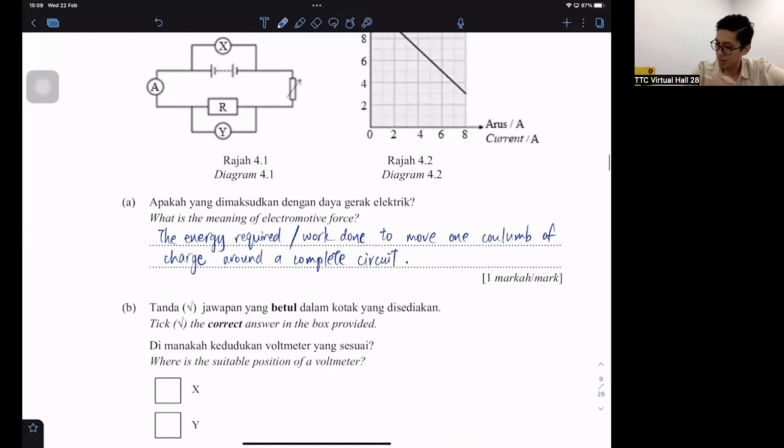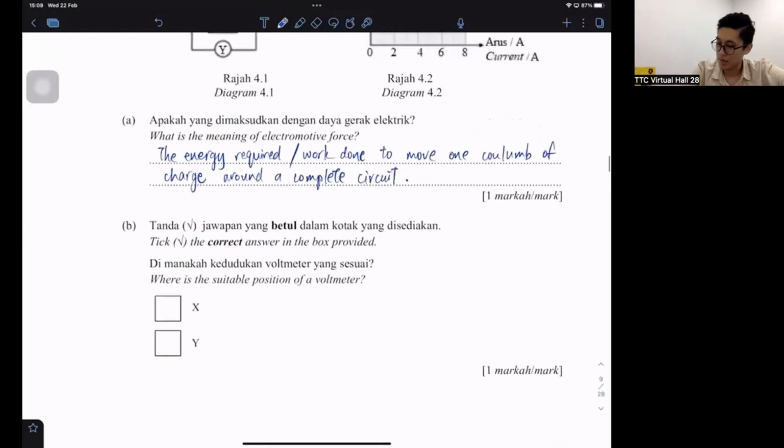Okay, next, tick the correct answer in the box provided. Where is the suitable position of a voltmeter? Okay, so we have a resistor here. This is a variable resistor. We have an ammeter here, and then we have another spot here, one spot here, one spot here.